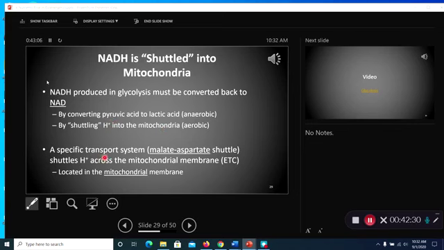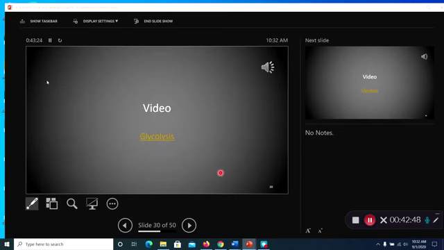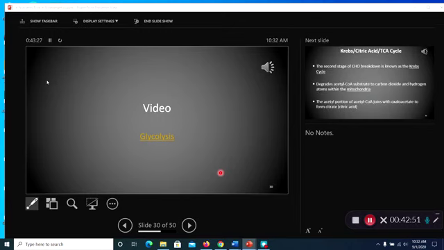So there's a specific transport system called the malate aspartate shuttle that shuttles hydrogens across the mitochondrial membrane into the electron transport chain. The electron transport chain is located in the mitochondrial membrane. So there's a video, you can check that out if you like.